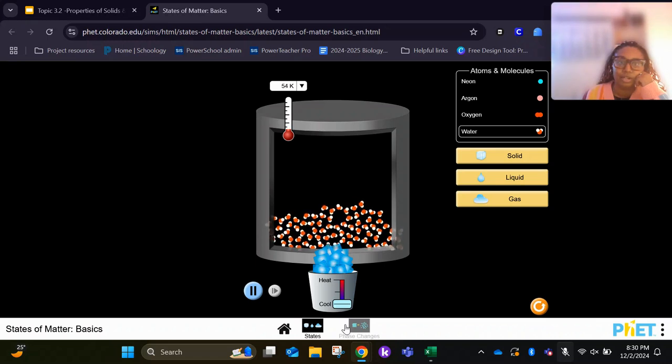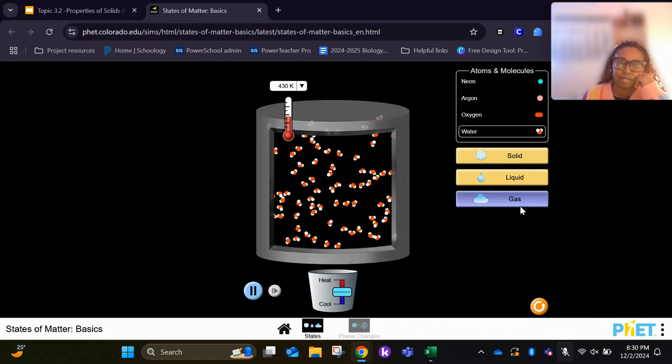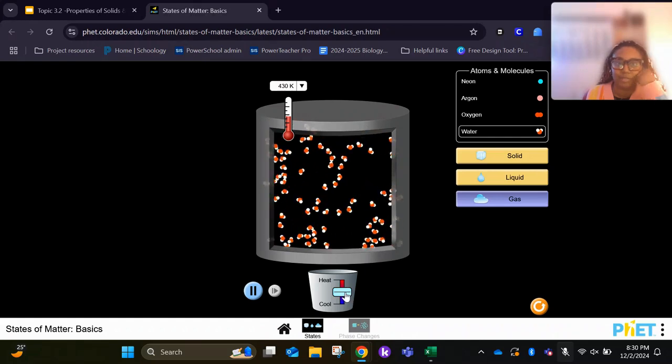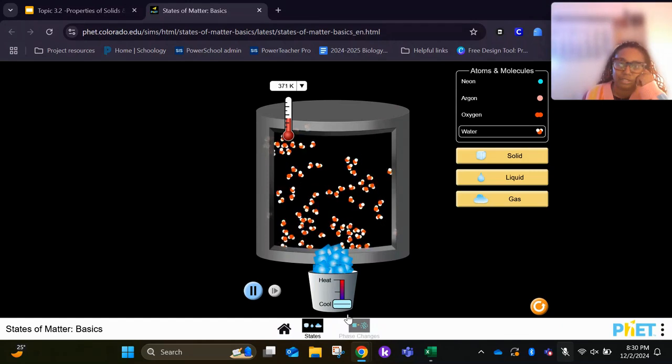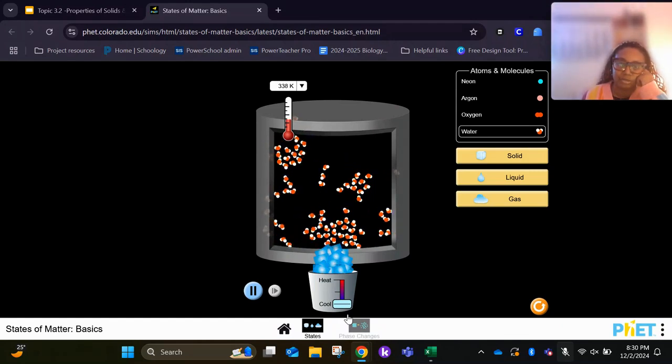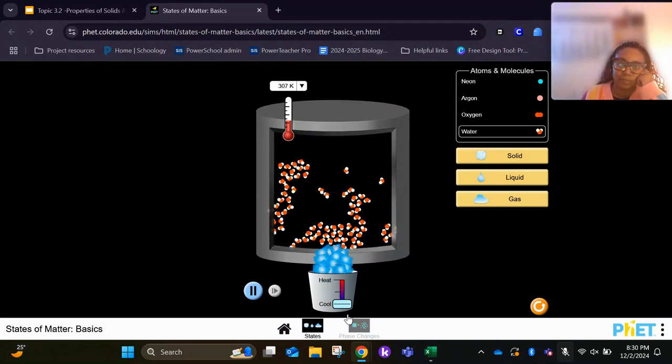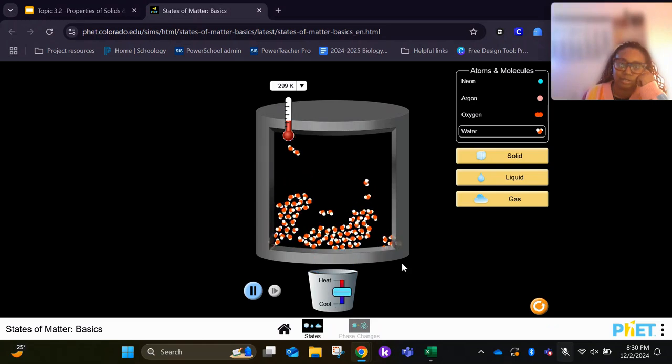It didn't take quite as long to turn it into a solid. And if we go from gas form, it's already hot, so heating it up is just going to make the gas move faster. This is cooling it down to cut the movement some. As you can see, even though I stopped cooling it off, the temperature is now low enough that it's closer to a liquid form.